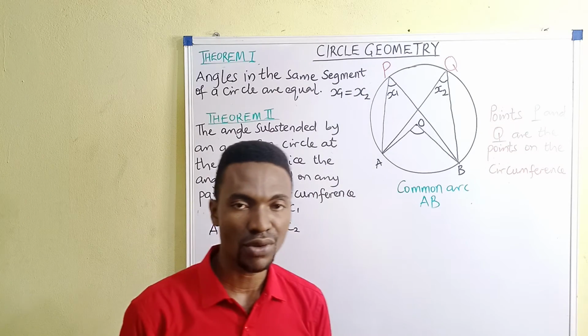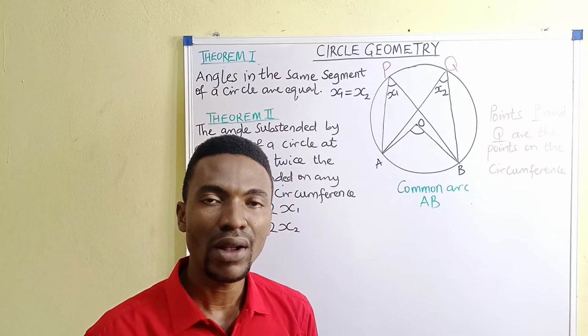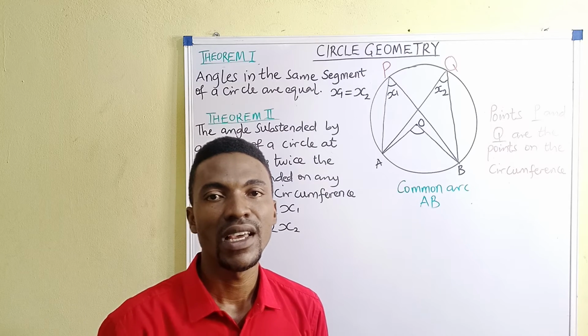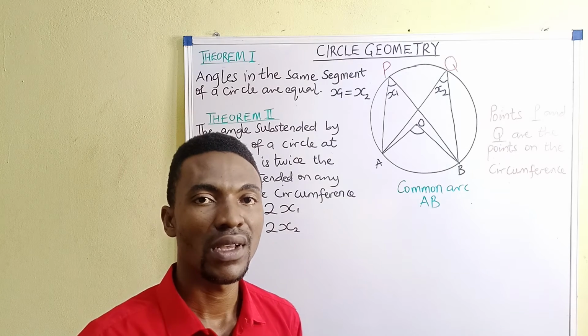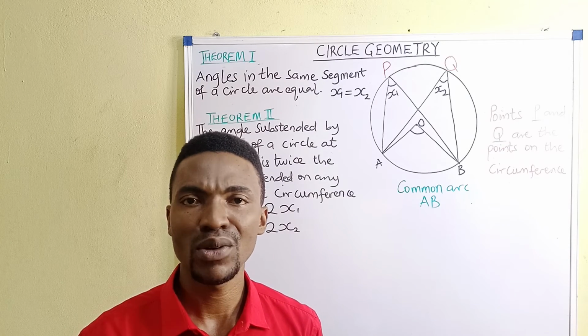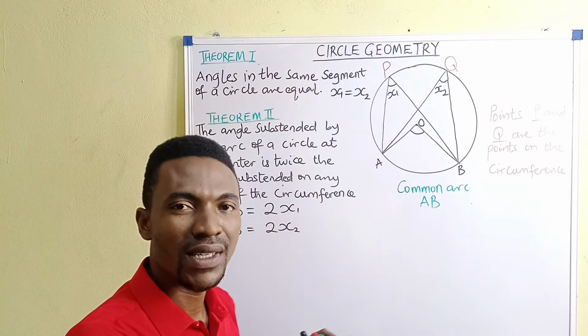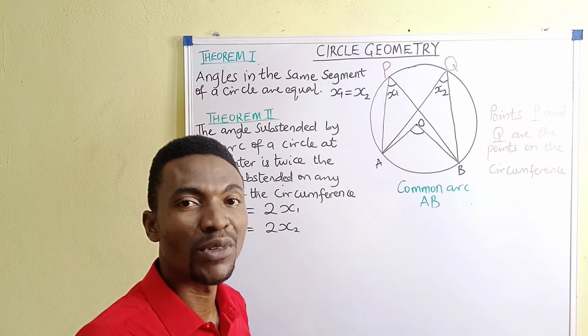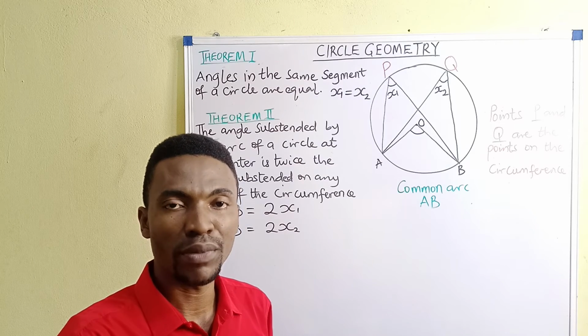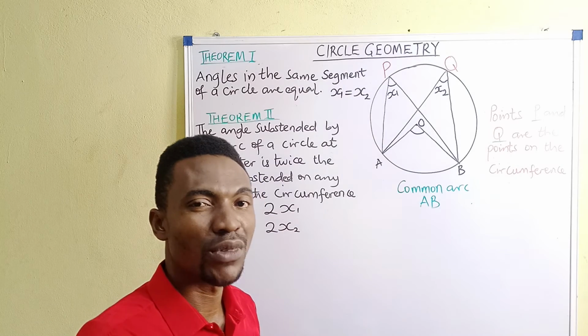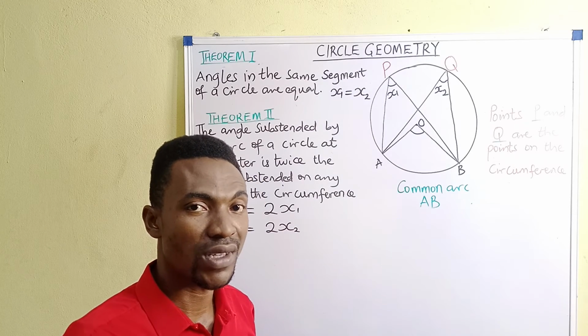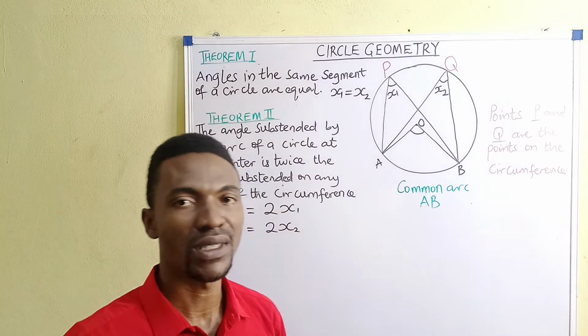So the basic things you have to know, in summary, is that angles are in the same segment if they originate from the same arc. It can be two angles, it can be three angles, as many angles as the case may be. Just trace their point of origin from the base of the circle or from any part of the circle. If they both originate from the same point or the same arc of the circle, then they're in the same segment.